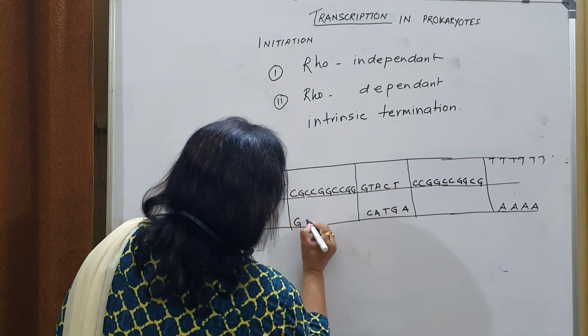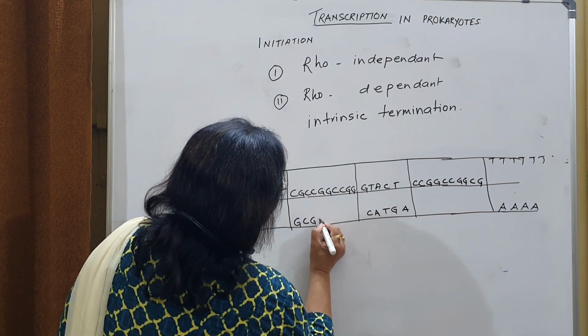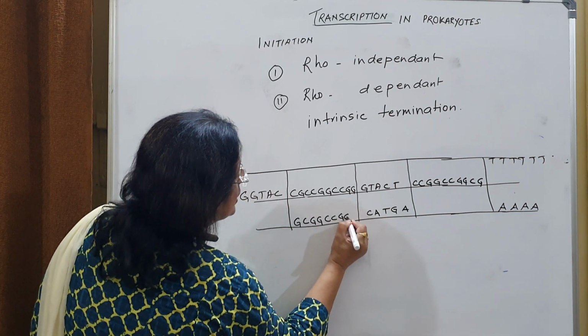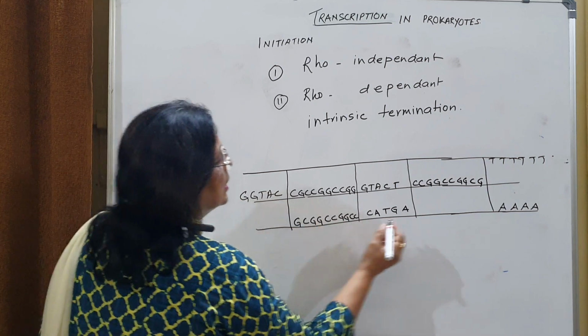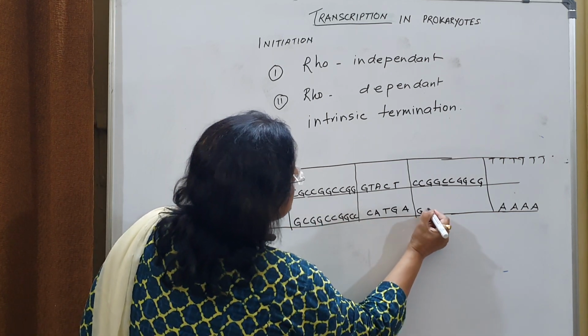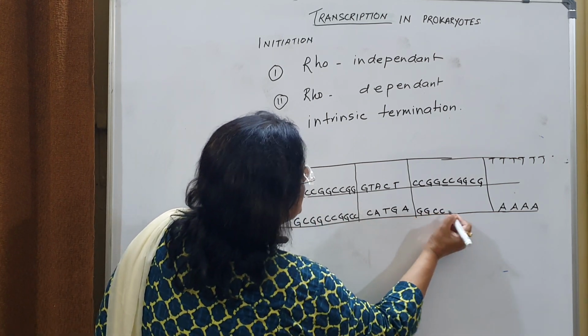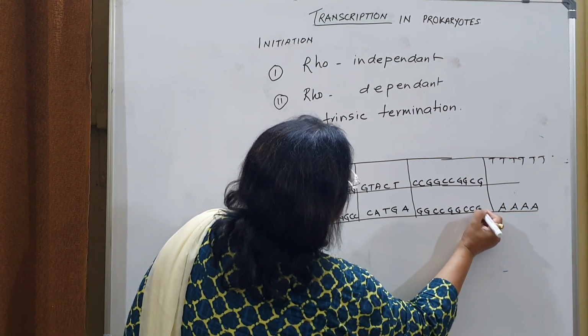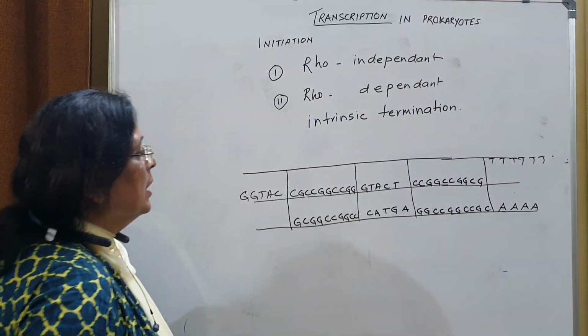Over here we'll have G, C, G, G, C, C, G, G, C, C. Here we have G, G, C, C, G, G, C, C, G, C.